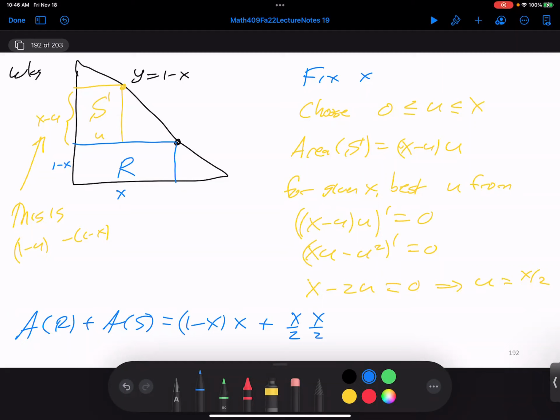Am I doing this right? So we would then get x minus x squared plus x squared over 4, so x minus 3/4 x squared. Yes. So the derivative equals 0 implies 1 minus 3/2 x equals 0, which implies x equals 2/3. And there's the answer.